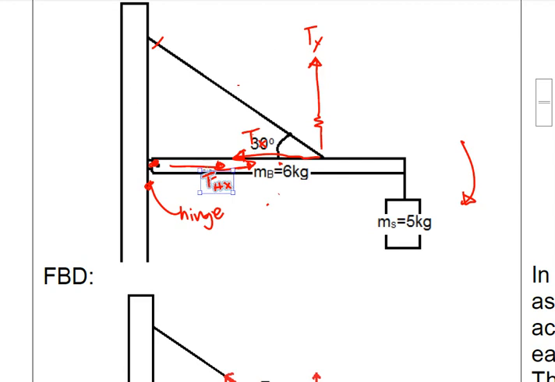Since the hinge is not slipping off from the wall, we can safely say that there is a force supporting upward. So there must be a force of the hinge going upward, because if there's no force supporting upward, this part of the beam will slip off.